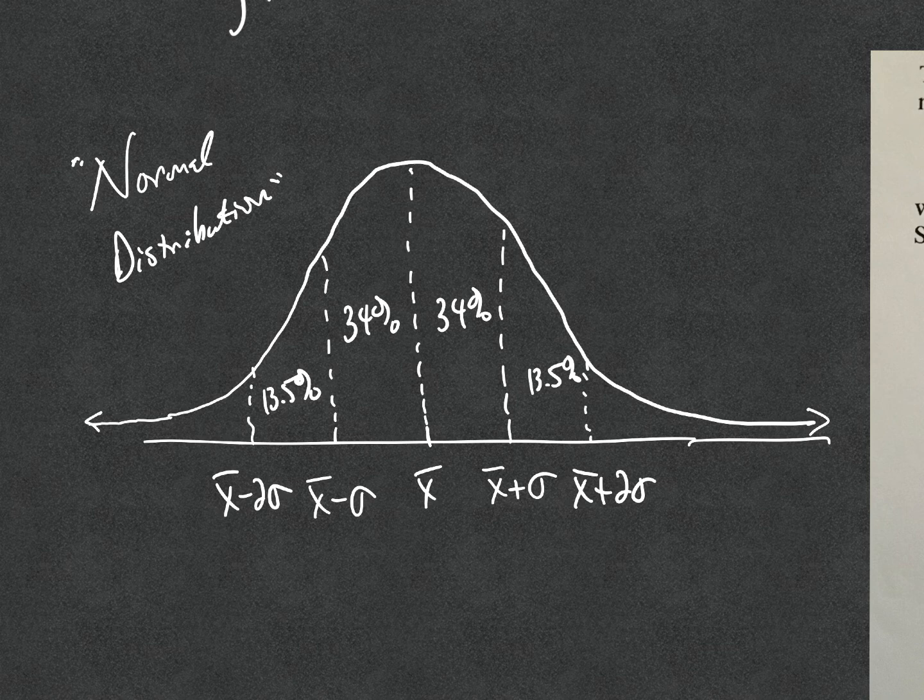All right, so we did things like IQ problems. The average IQ of someone in the world is 100, and the standard deviation is 15. So if I go up a standard deviation, I'd be at 115, and if I go down a standard deviation, I'd be at 85. So what that would tell us is that 68% of the people in the world have an IQ between 85 and 115.